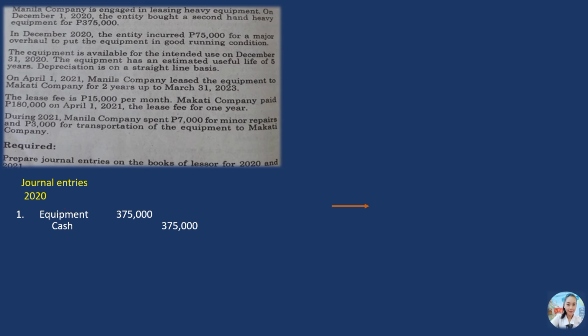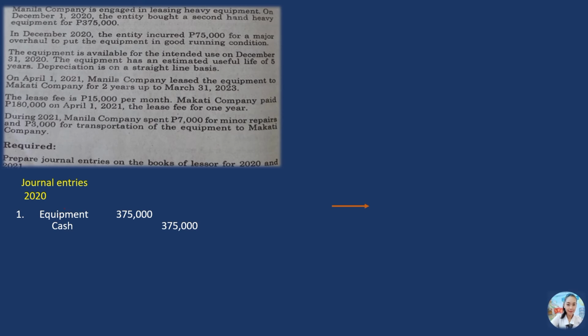And then next one, still in December 2020, Manila Company incurred 75,000 for major overhaul to put the equipment in good running condition.